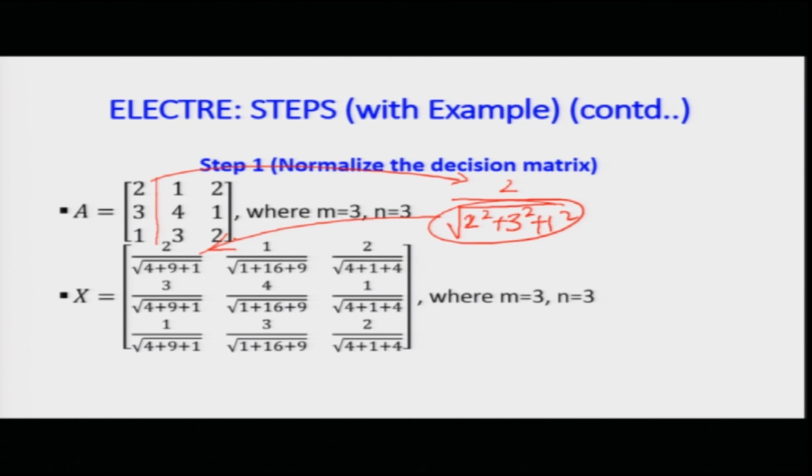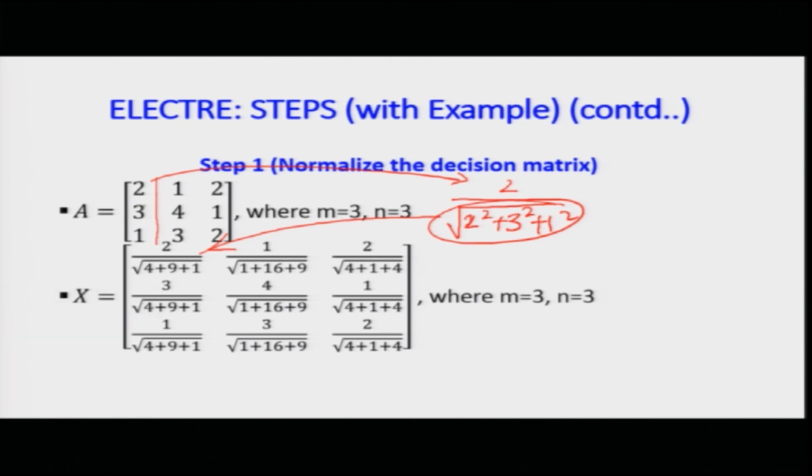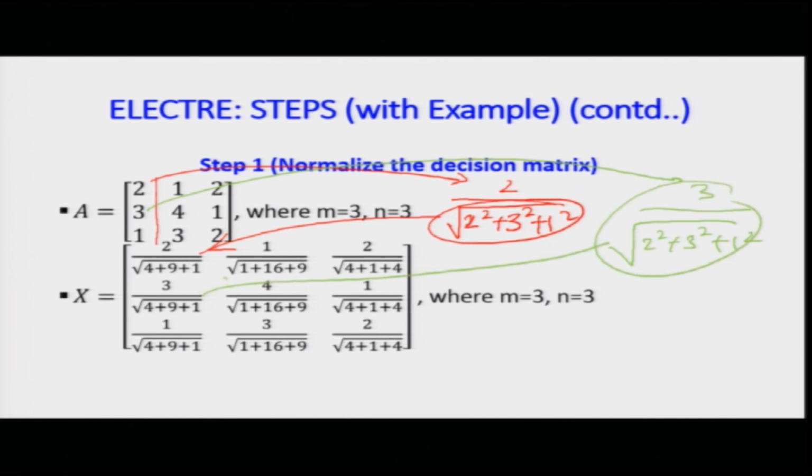Now, for example, when I do it for the second one, which is 3, in that case you have 2 square plus 3 square plus 1 square, this value is here. Similarly, this one was considered, this one was considered.